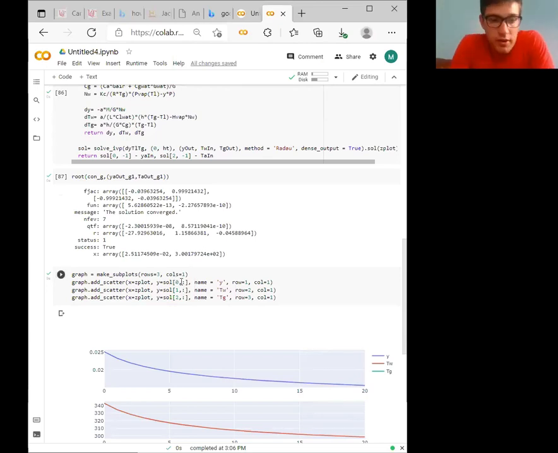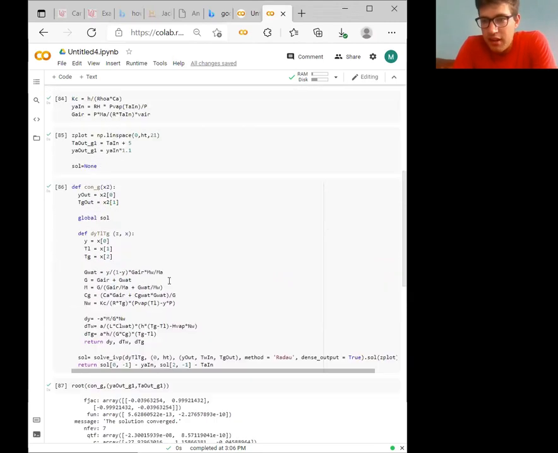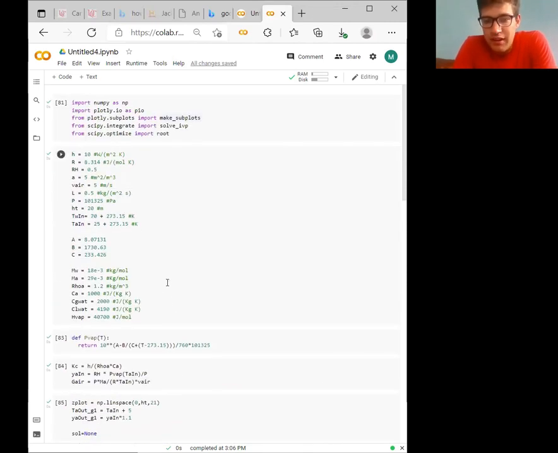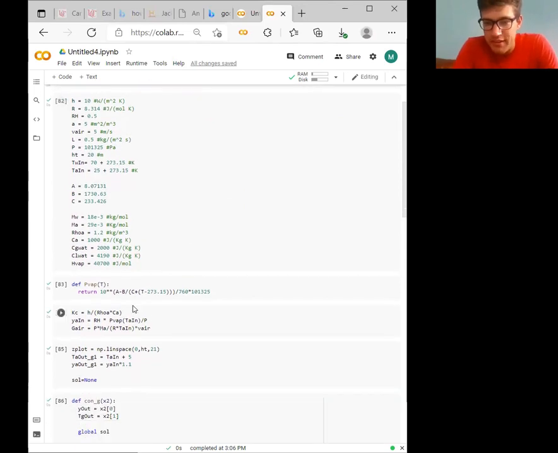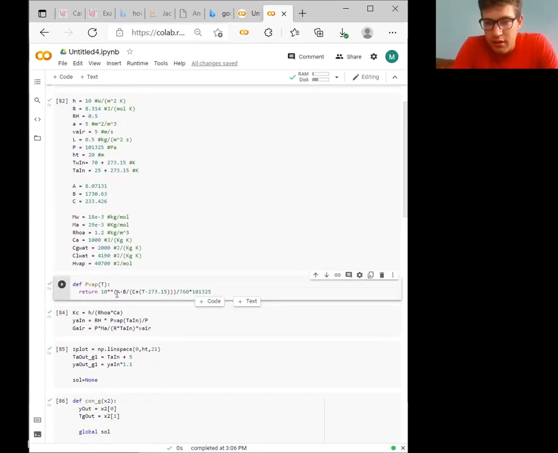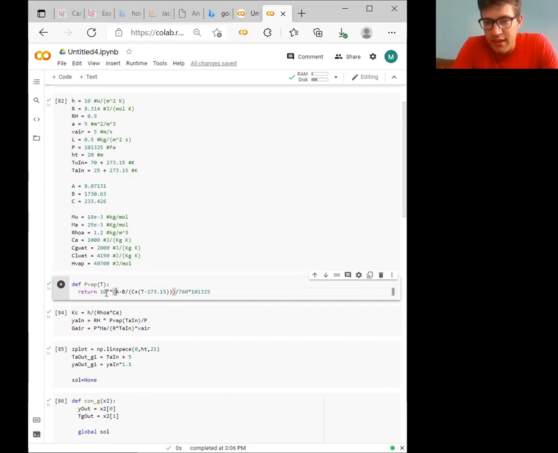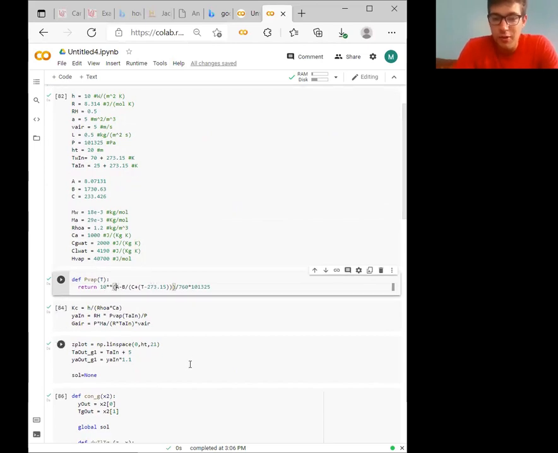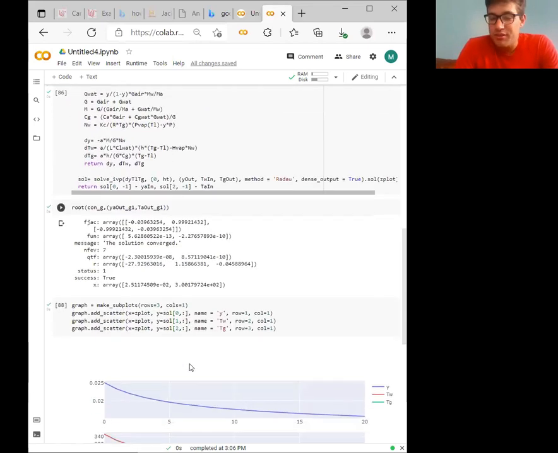All right, so after a lot of looking through this entire code, I realized that I was missing a parenthesis right here. So it was only taken to the exponent of a instead of the exponent of this whole equation. So I was getting values that were really off.